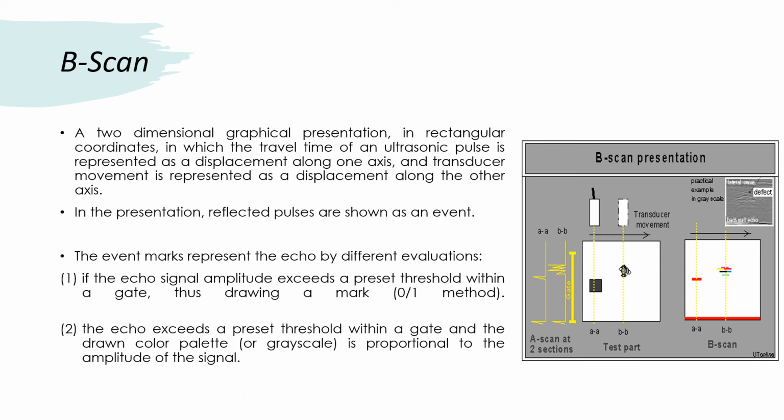And number two: the echo exceeds a preset threshold within a gate and is drawn in color or grayscale, where the grayscale is proportional to the amplitude of the signal. So students, here is the picture of the B scan presentation.